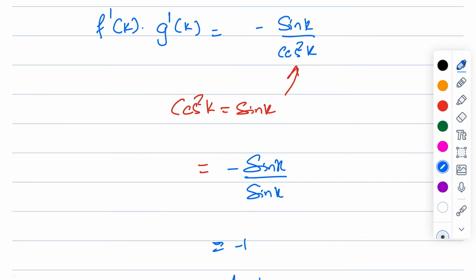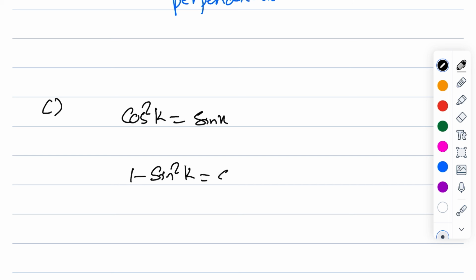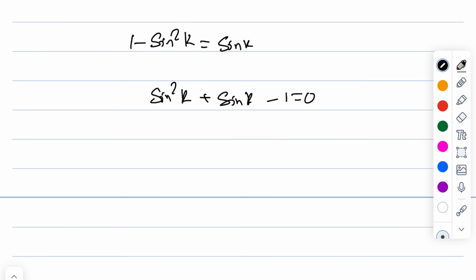Find the value of sin k, giving your answer. Which part is that? It's part C. We know that cos square k equals sin k. Cos square k means 1 minus sin square k equals sin k. So we get a quadratic: sin square k plus sin k minus 1 equals 0.